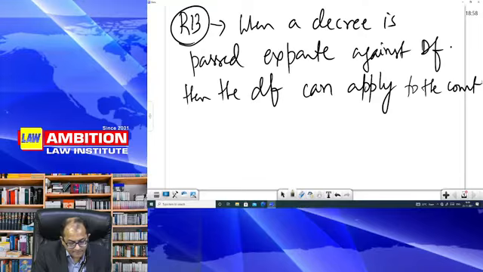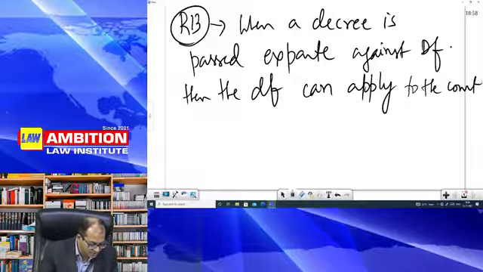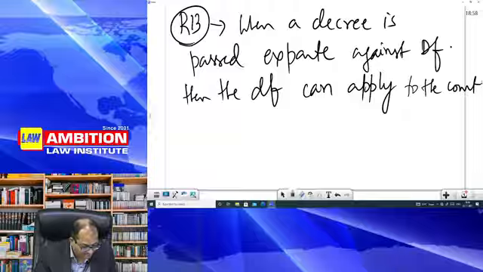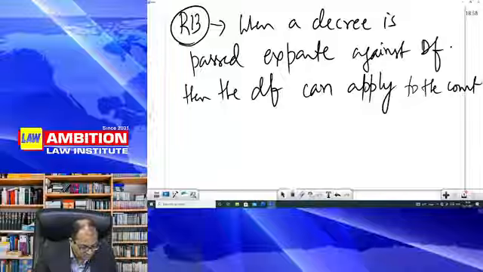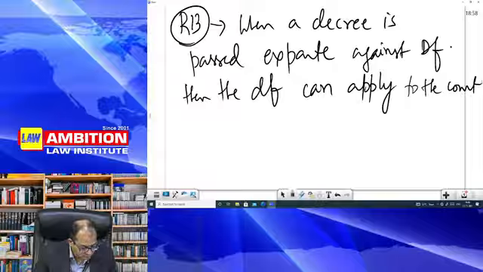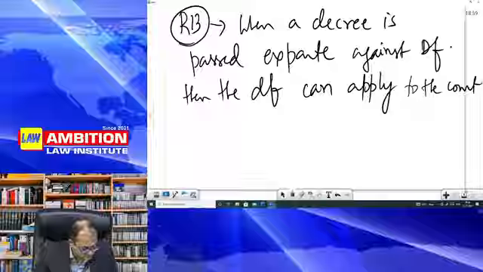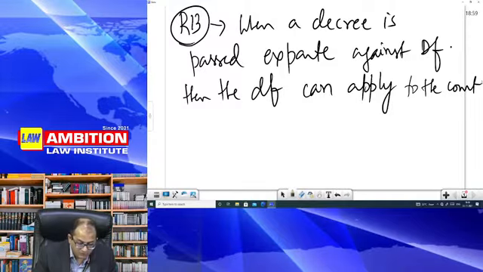Number two, there was sufficient cause which prevented him to appear.